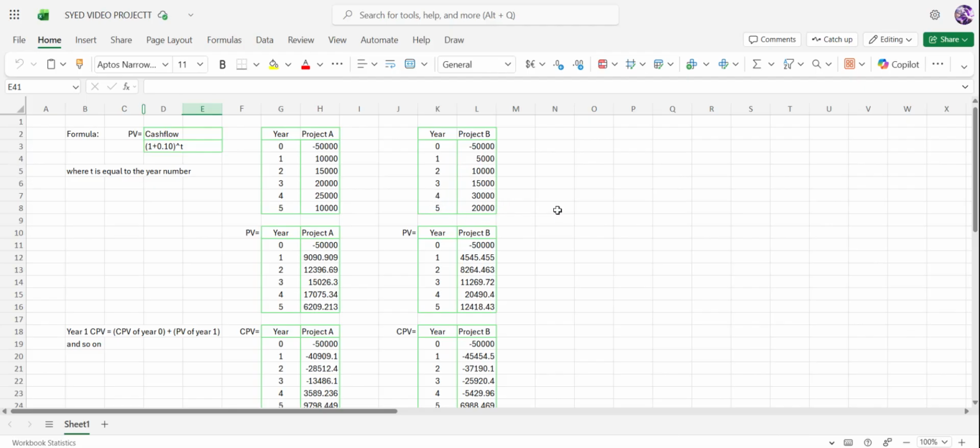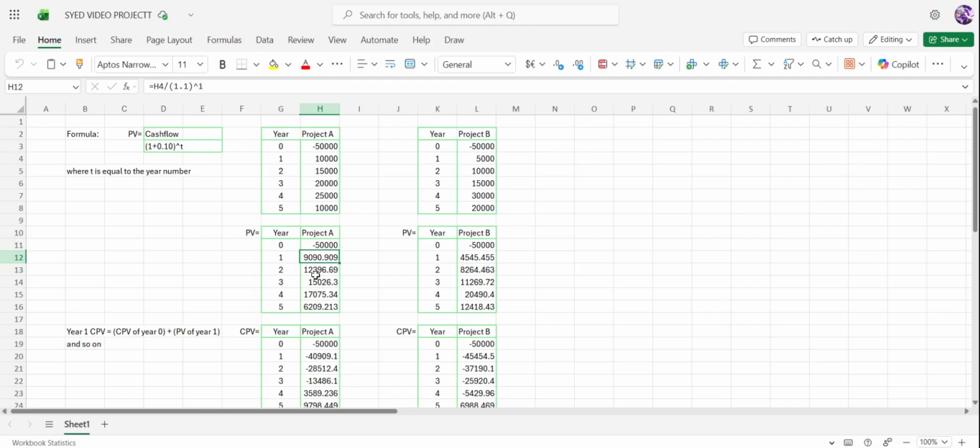Now to calculate present value, what I did was H4, which is year 1, divided by 1.1 to the power of 1, because it's just year 1.